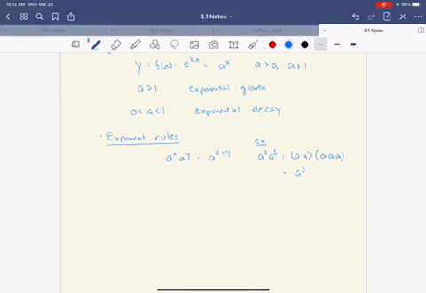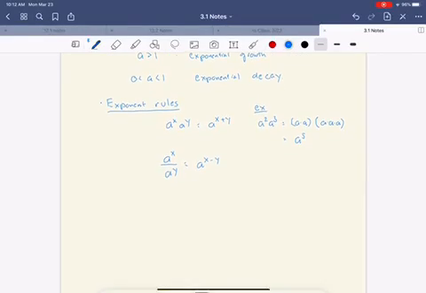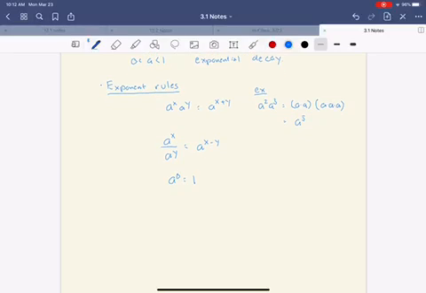Okay. Similarly, a to the x divided by a to the y is a to the x minus y. A to the 0, we take that to be 1. And a to the x raised to the y is a to the x times y.